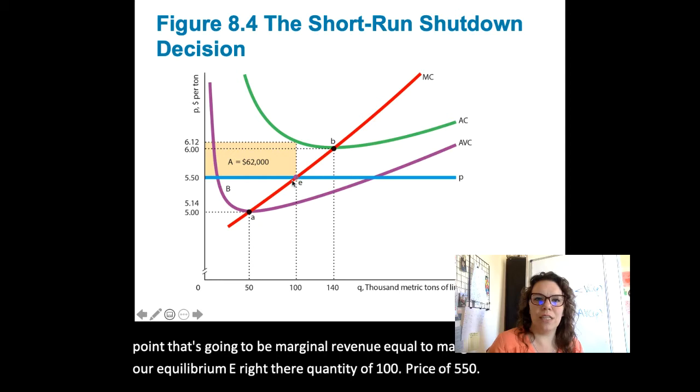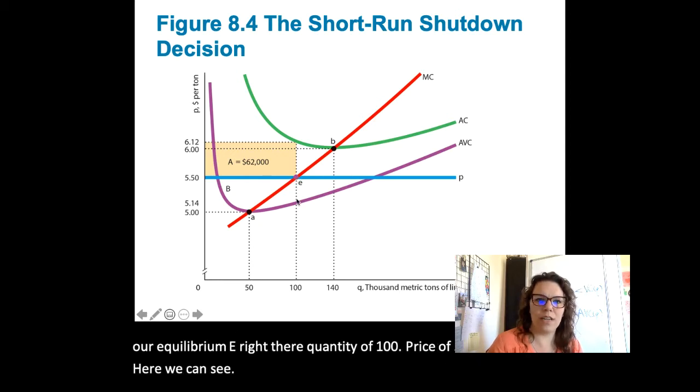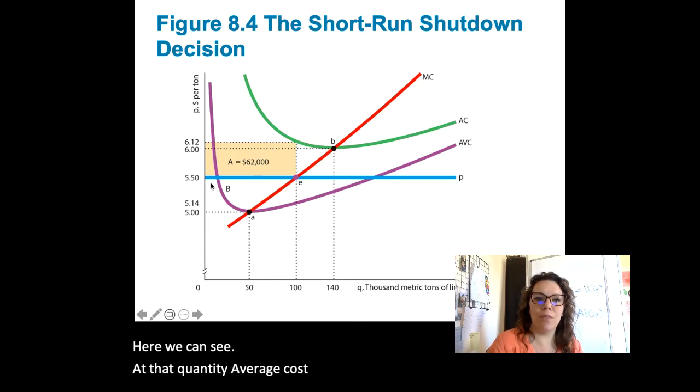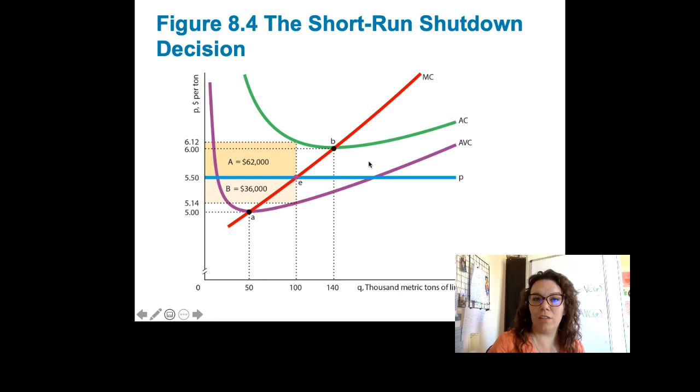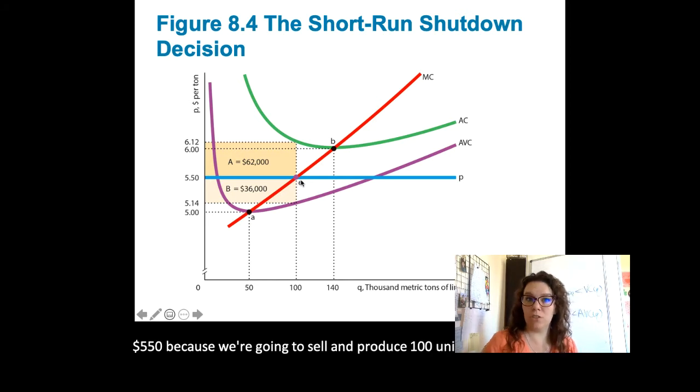Here we can see at that quantity, average cost is above the price and average variable cost is below that price, right? If we click in here, we see that producing is going to make us a revenue of $550 because we're going to sell and produce 100 units at $5.50 each, right?